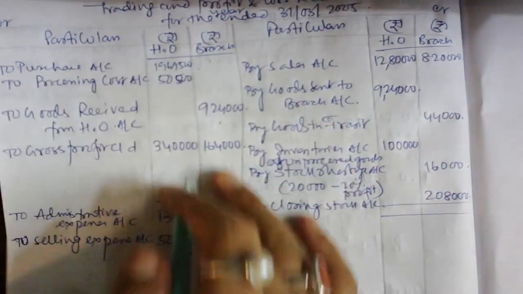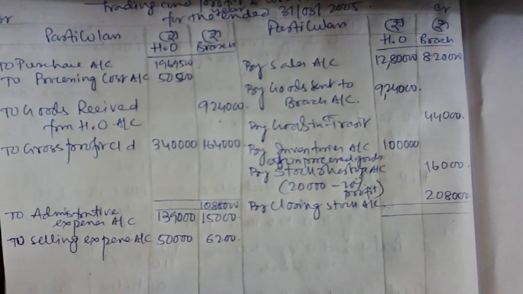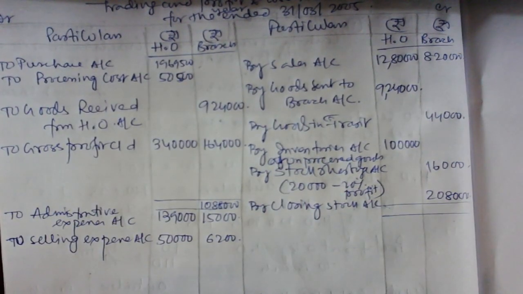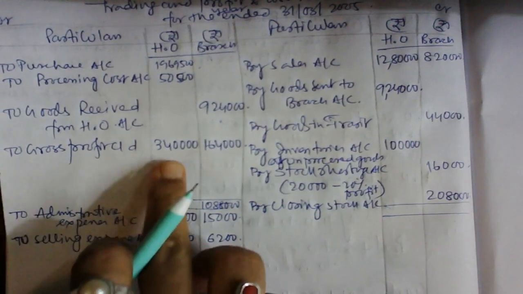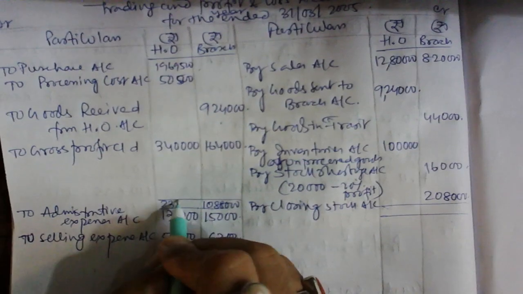Perfect. Now add this: 19,69,500 plus 5,500 plus 3,40,000, which is 23,60,000.